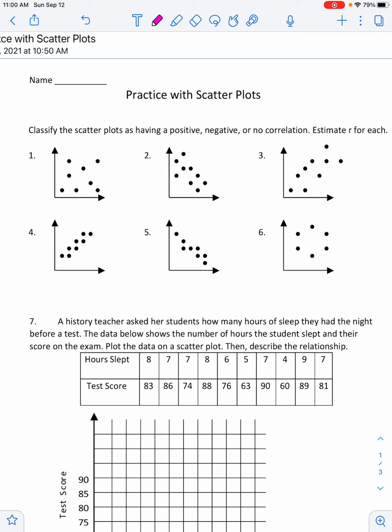So for example, for Barbie, as the number of rubber bands increased, her distance increased. For a negative correlation, you might say over time, so as time increases, the number of COVID cases decreases, or something like that. So we're going to go ahead and get started here.